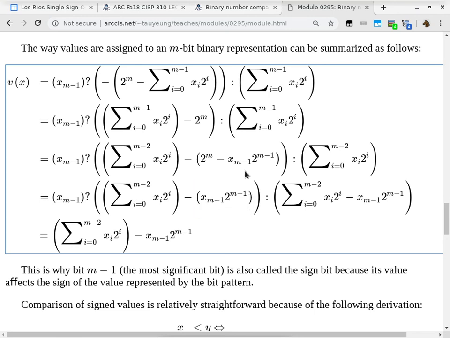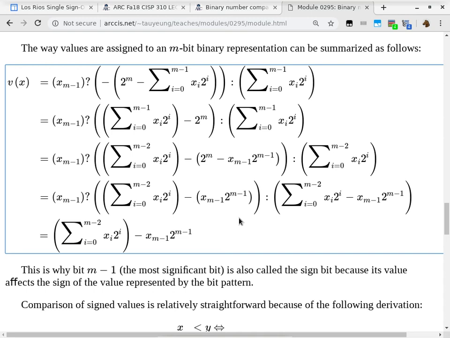How can these two expressions be the same? Well, it can be the same because we know that if we're evaluating the second expression in a ternary expression, x subscript m minus 1 has to be a 1, right? So every time you see x subscript m minus 1, you might as well think of it as 1. Is that okay? This is 2 to the power of m.